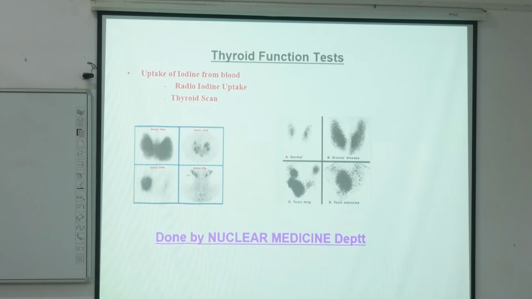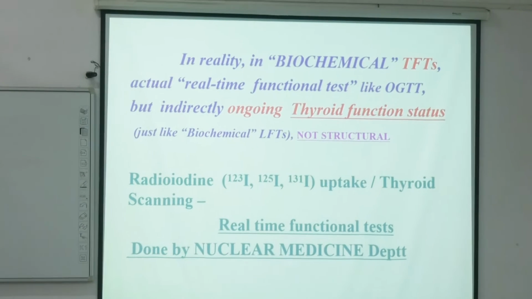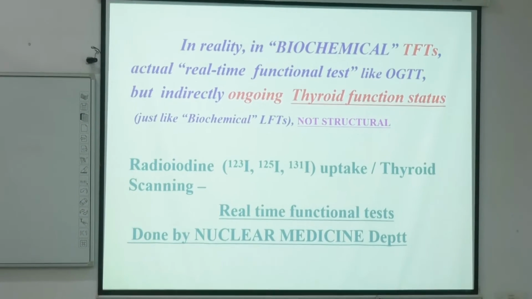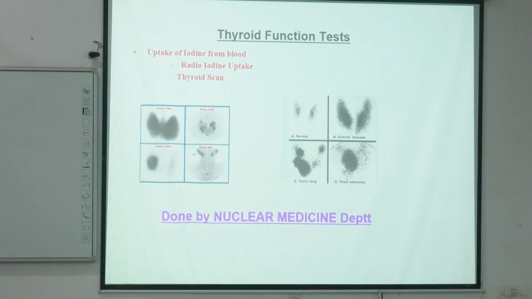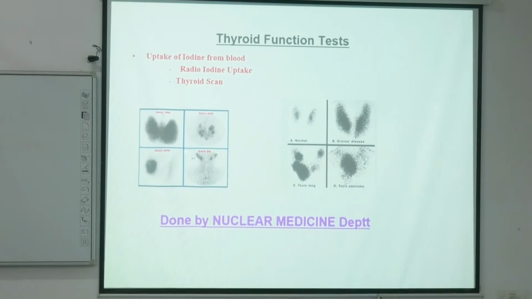Next. So this real-time test is the radioiodine uptake. We allow radioactive iodine to be ingested, and that iodine is taken up by the thyroid gland, and that dynamic study is done by the nuclear medicine department, and that is called thyroid imaging. If you do the radioiodine uptake, the radioiodine will cast an image of the thyroid gland.